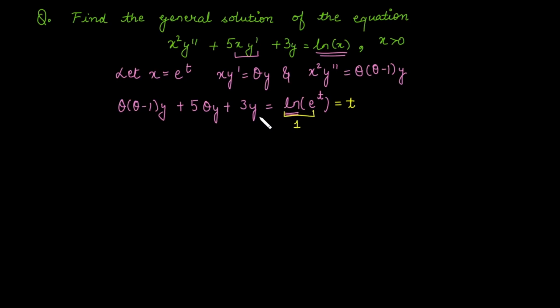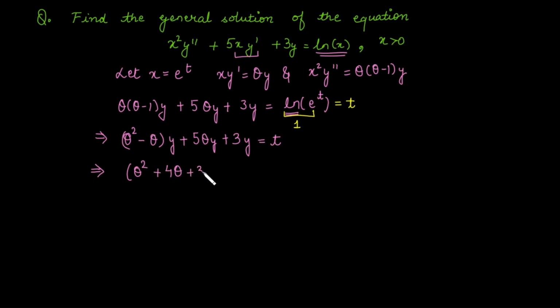Simplify this term: theta squared minus theta into y plus 5 theta y plus 3y is equal to t. This further is equal to, collecting the coefficient of y, theta squared minus theta plus 5 theta, that is plus 4 theta, plus 3 into y is equal to t.